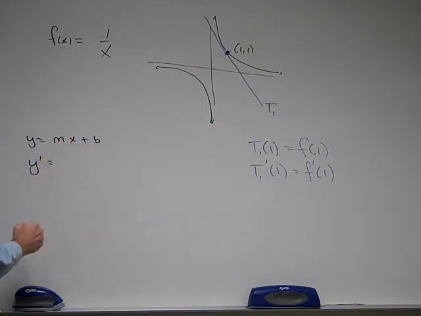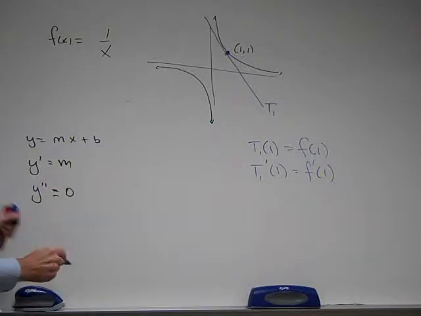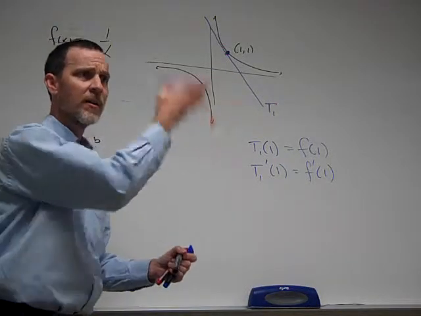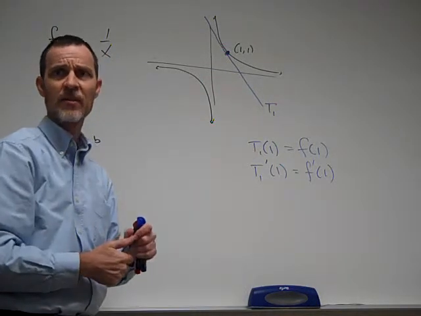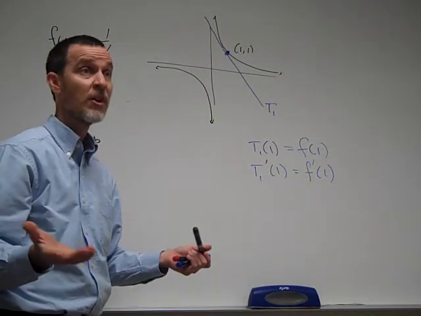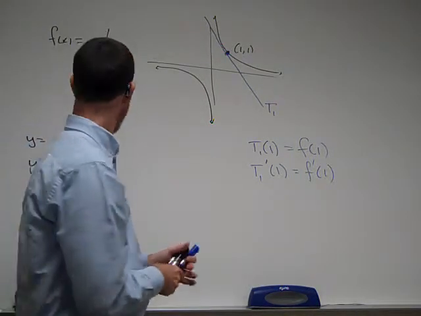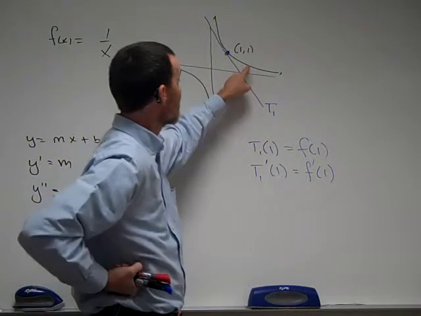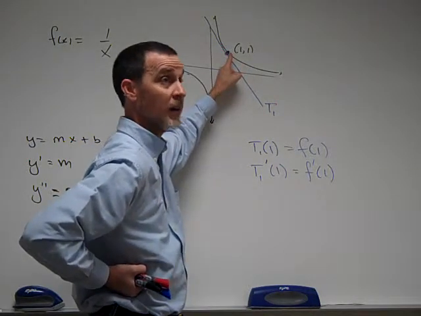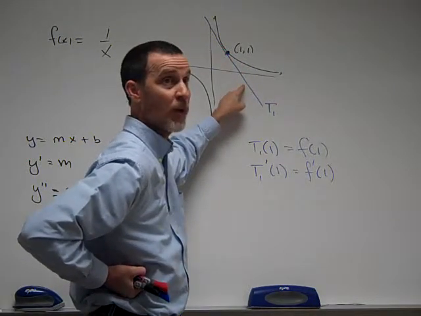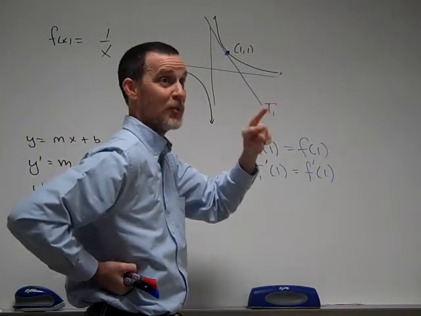What's the first derivative? m. What's the second derivative? 0. Because the second derivative tells you curvature, right? How much curvature does a line have? None. Okay, does this one curve at this point? Yeah. Does this one curve at this point? No. Then their second derivatives are not going to agree.